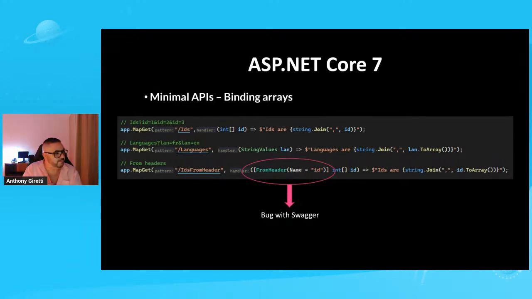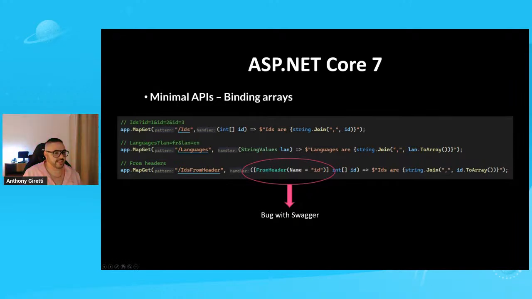And the third example now is from headers. You can also pass a collection of items with the same ID, obviously, from the header, but unlike query string parameters, you have to use the FromHeader attribute. This is working fine, no problem, but there is a bug with Swagger.